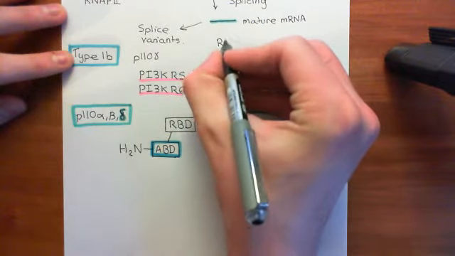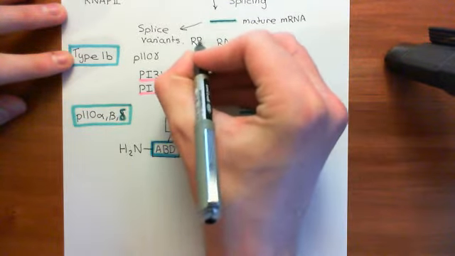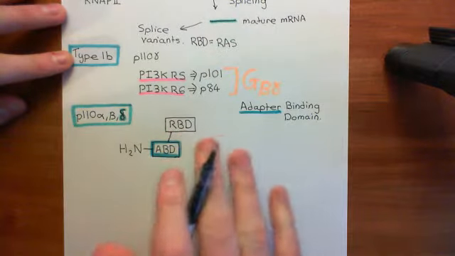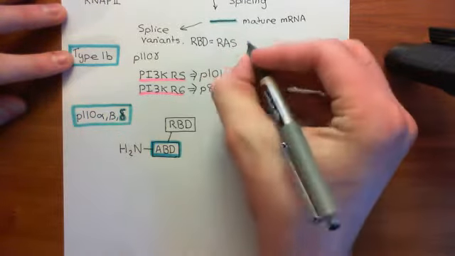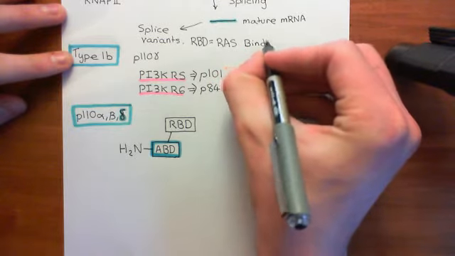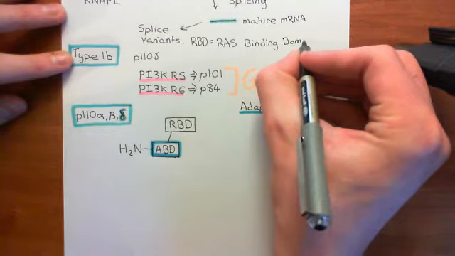The RBD stands for the RAS. RAS is a monomeric G protein. Now, these catalytic subunits can also directly bind to RAS monomeric G proteins, and this serves some role in their activation.